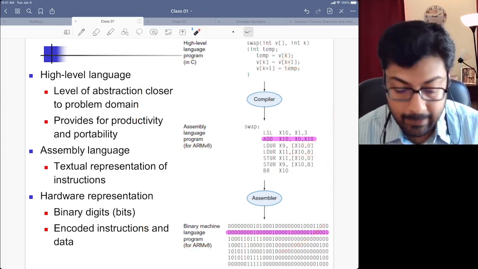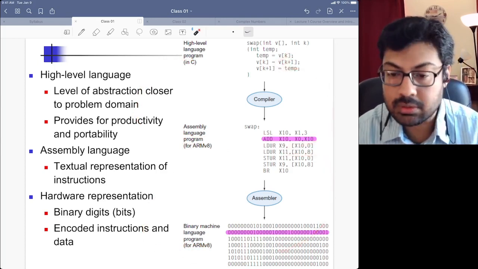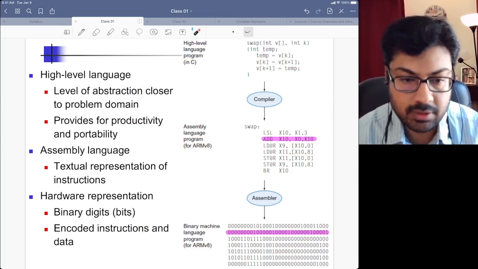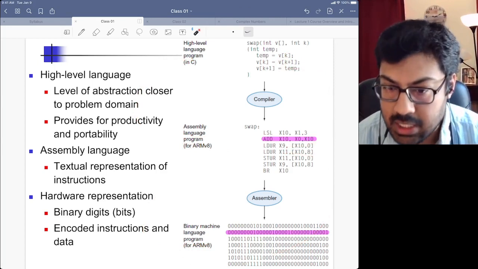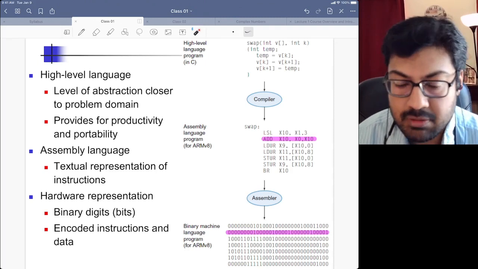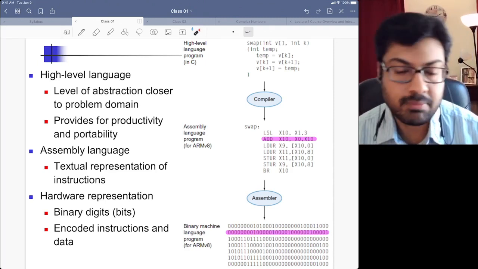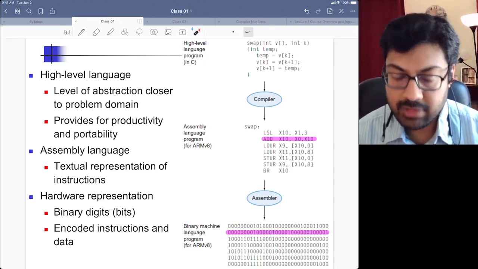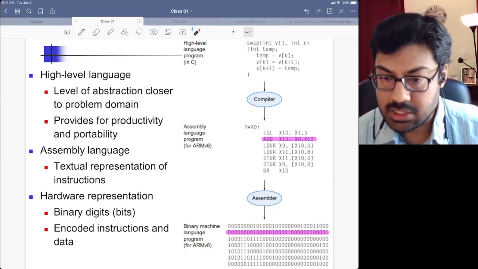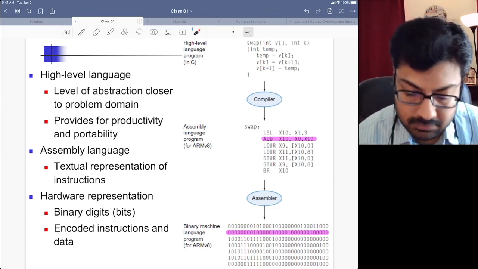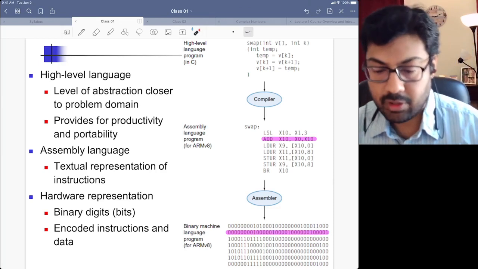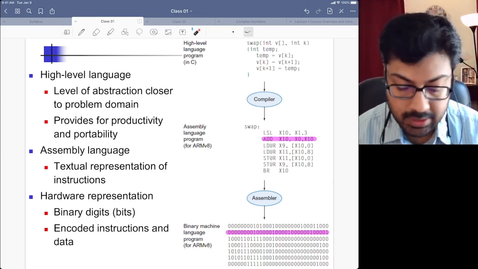So that will be our goal for the first few lectures. 32-bit, yes, MIPS. We'll talk about MIPS 32, not MIPS 64. So we'll do a 32-bit instruction set architecture. There is MIPS 64 as well, but we will be doing MIPS 32.